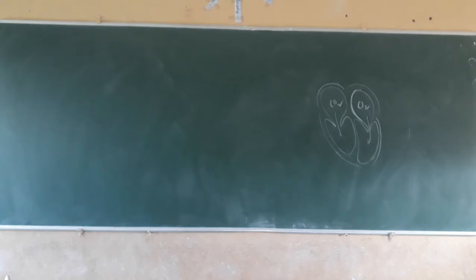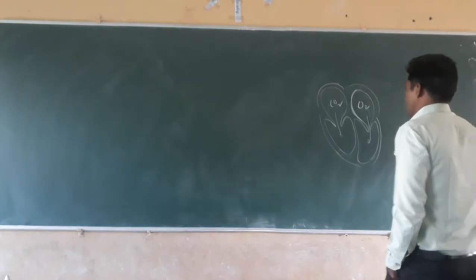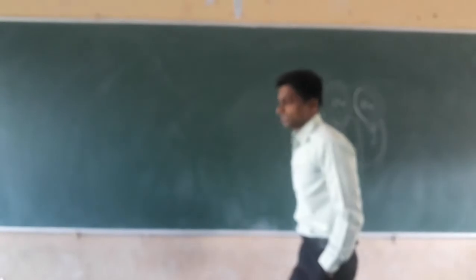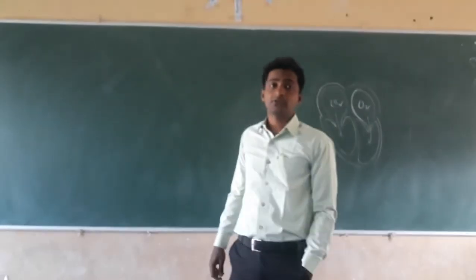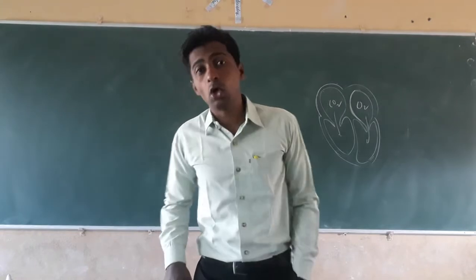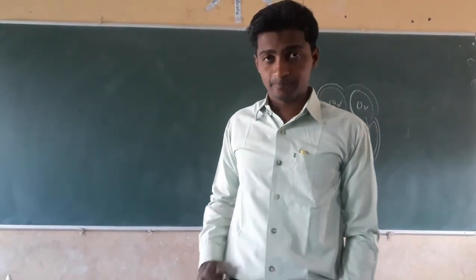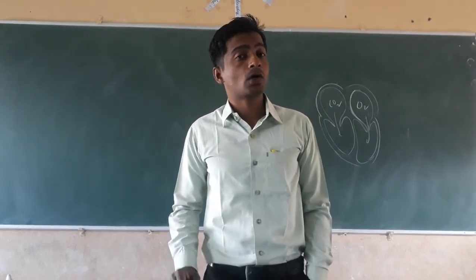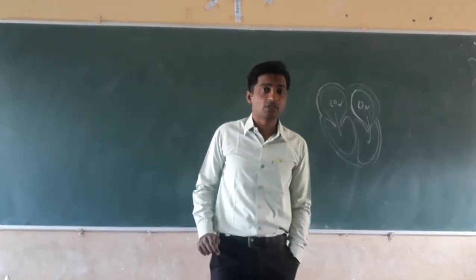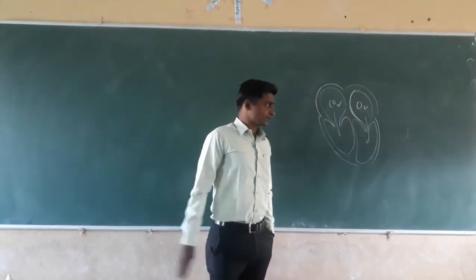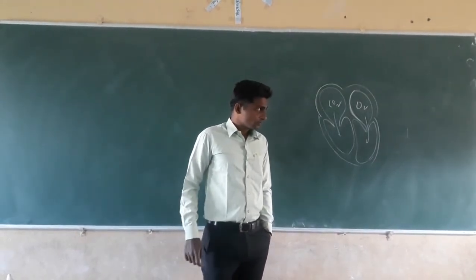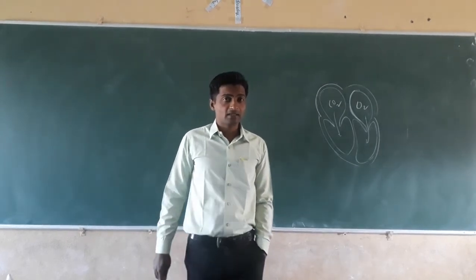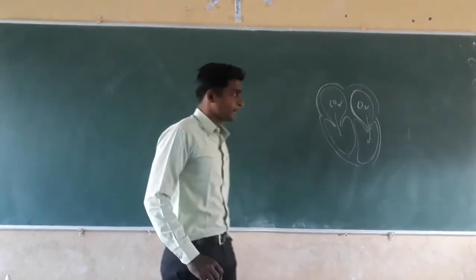But when we go to the three-chambered heart, what happens? The living organisms like all the amphibians and reptiles, except the crocodile, have a three-chambered heart. Crocodile has a four-chambered heart.